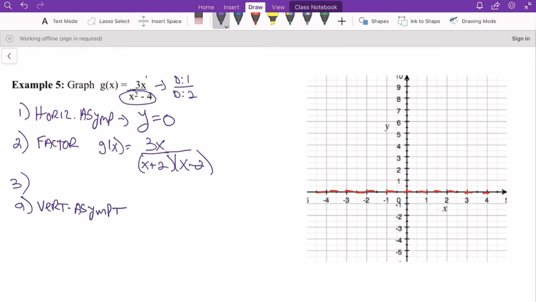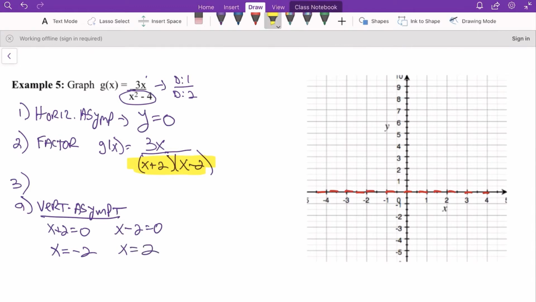To find the vertical asymptotes, you look to the denominator, and any factors that remain, which haven't been canceled with the numerator, are the factors that give us the vertical asymptotes. So you set x plus 2 equal to 0, and x minus 2 equal to 0, and solve. We get our 2 vertical asymptotes: one at x equals negative 2, and one at x equals 2.